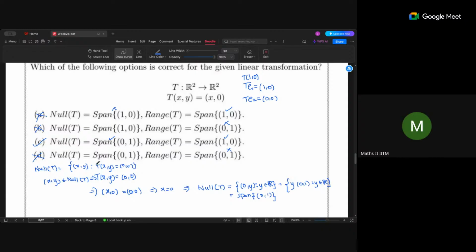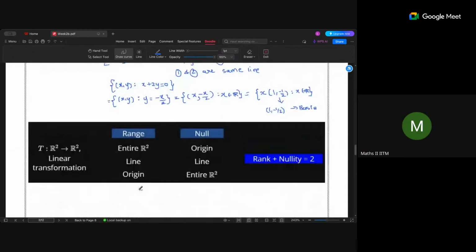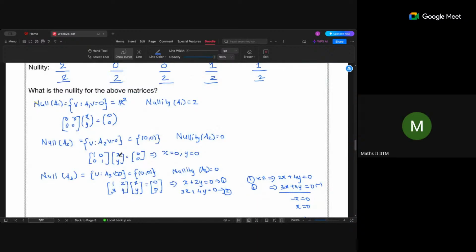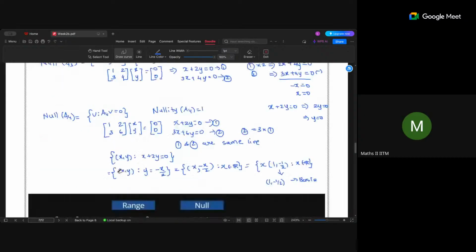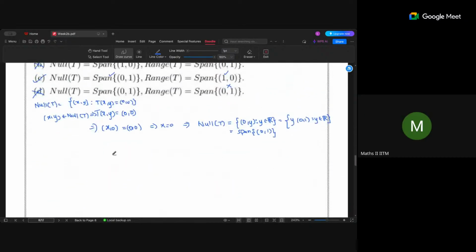So what are all the (x, y) in this set, I want to see. I'm taking an arbitrary vector to see what is happening, just like we did before. We substitute and find it. Instead of the matrix, now I'm dealing with the transformation, that's all. Okay, got it, ma'am.